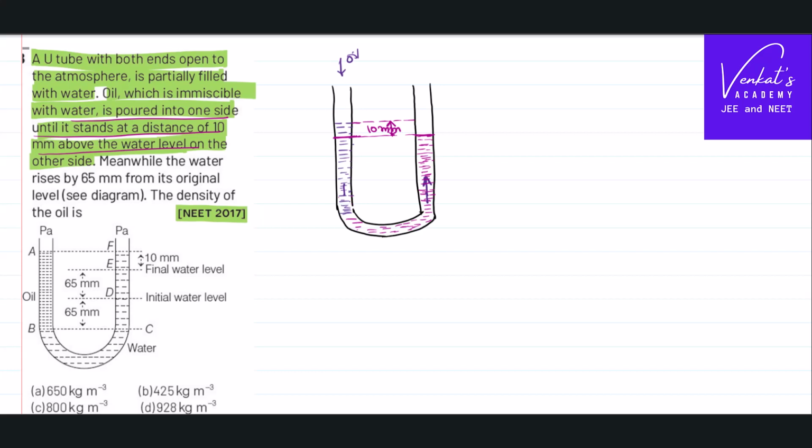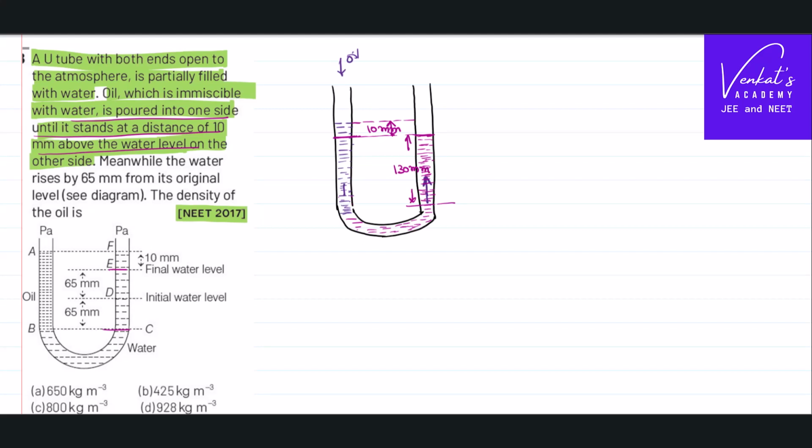Meanwhile, water rises by a distance of 65 millimeter from its original level. As I told you, originally it is this diagram, 65 and 65. So water has risen from its original level by 65 plus 65, that is 130 mm. Right.